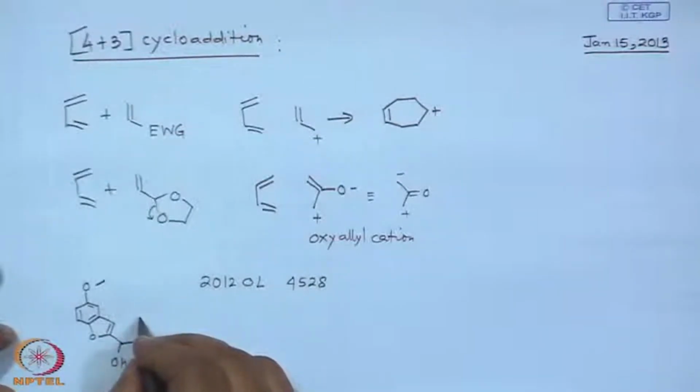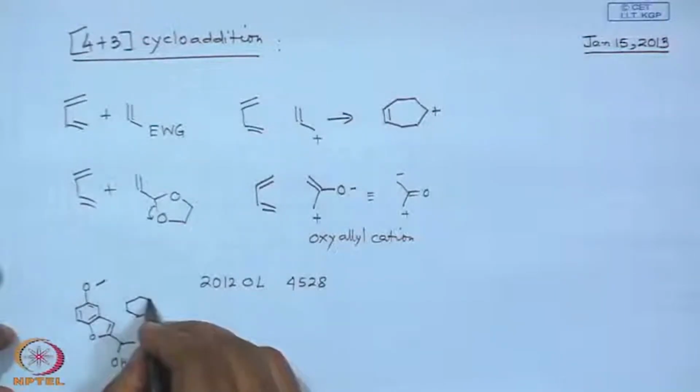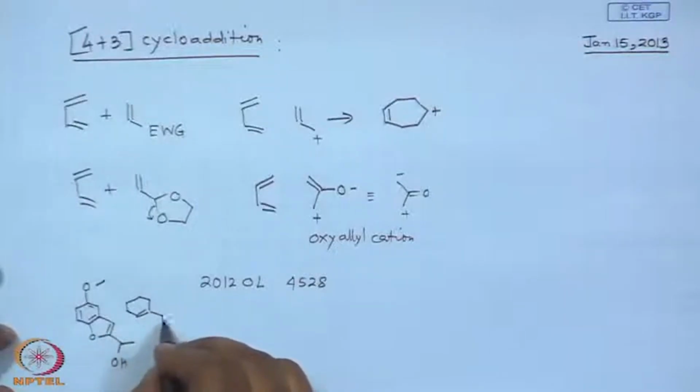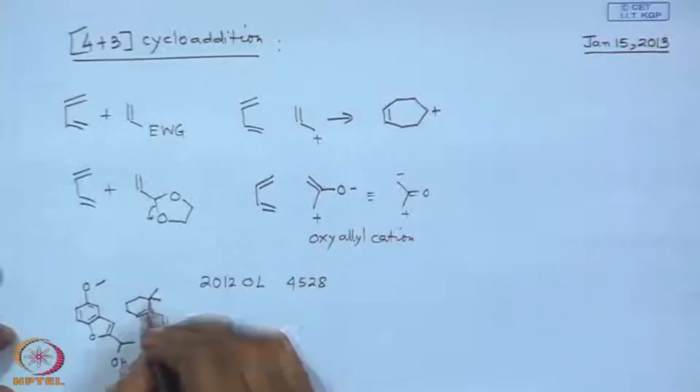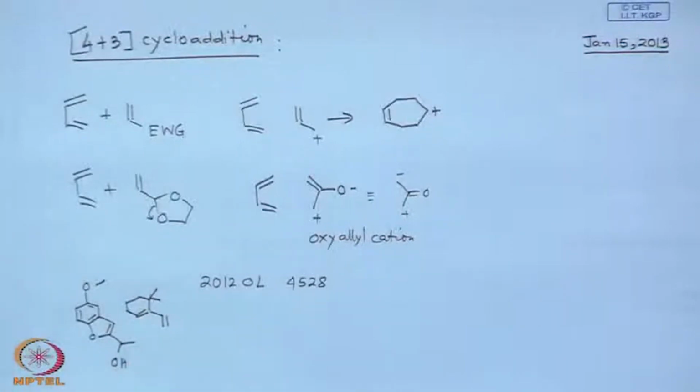Then the other reacting component is a cyclohexene, and then you have a double bond here and this. So, all of you can guess what it is.